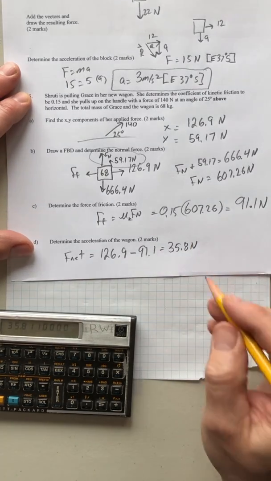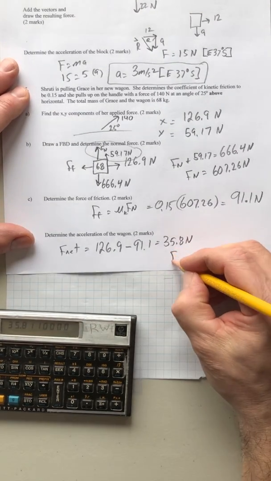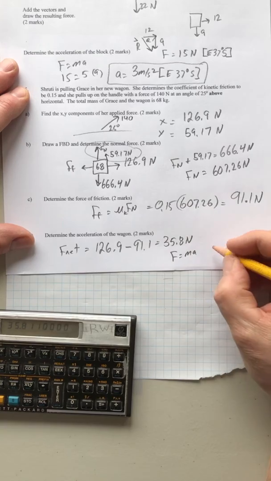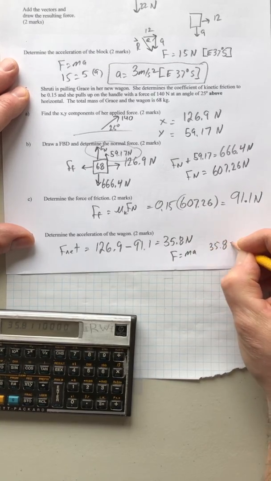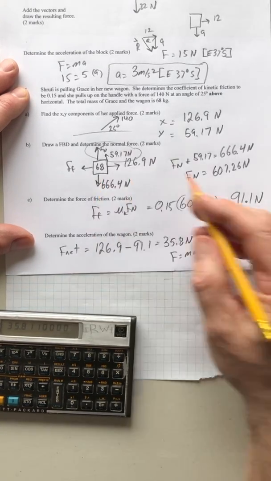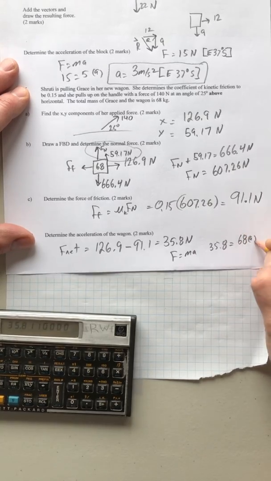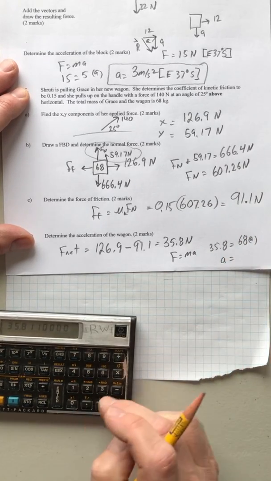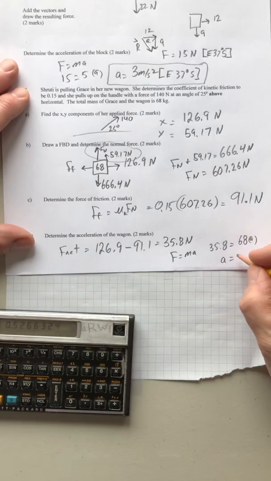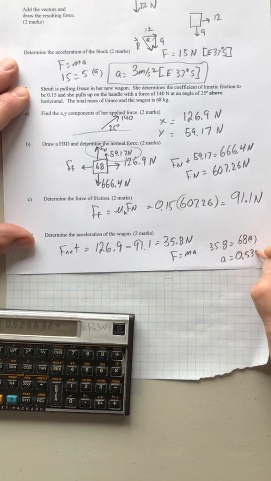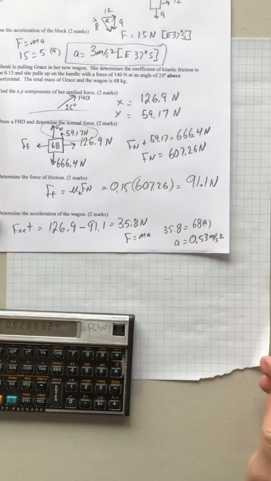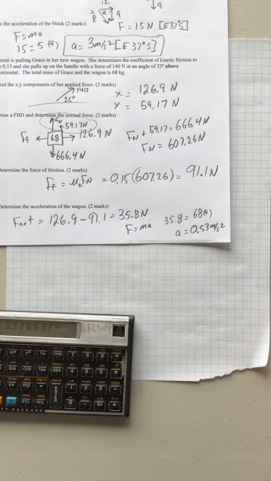That's the net force. Once you get the net force, now you can do F equals ma. So 35.8 equals 68 times acceleration. A will equal 0.53 meters per second squared. And that's it.